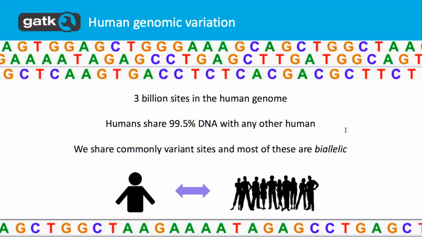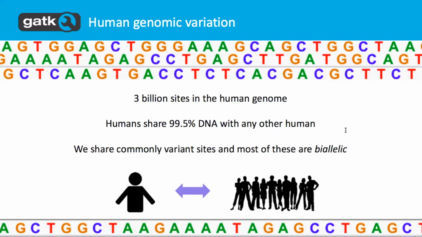So just a general kind of idea: the human genome has roughly 3 billion sites, and any two humans will share most of their DNA together.